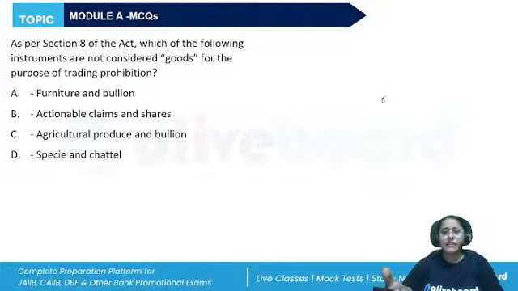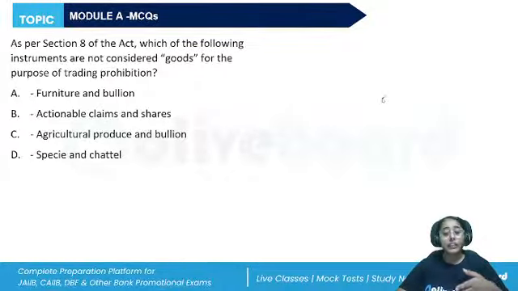So permitted business, apart from acceptance of deposits, lending and investing, also includes dealing in bills of exchange, including drawing, accepting, buying, selling, lending or advances with or without security, any kind of guarantee and indemnity business. These are permitted. Prohibited business is buying or selling or bartering of goods directly or indirectly.